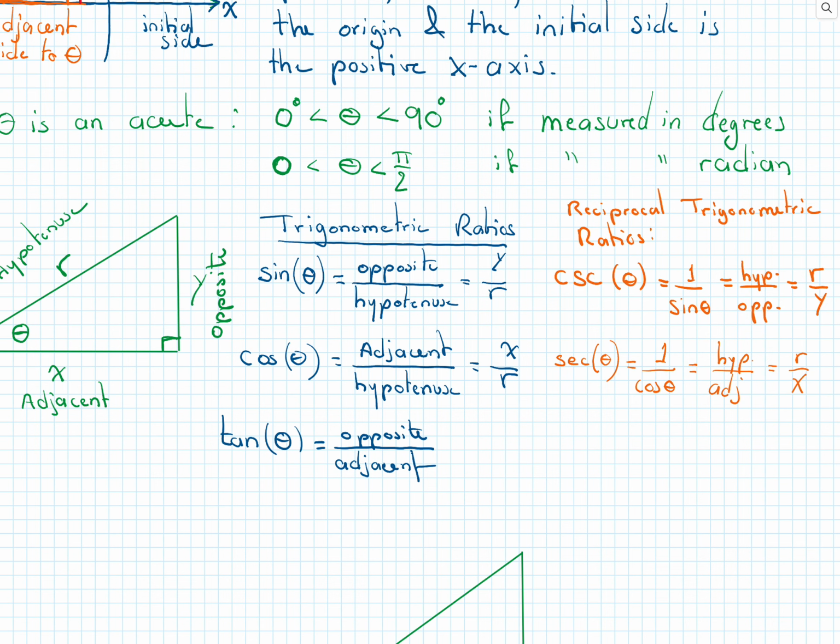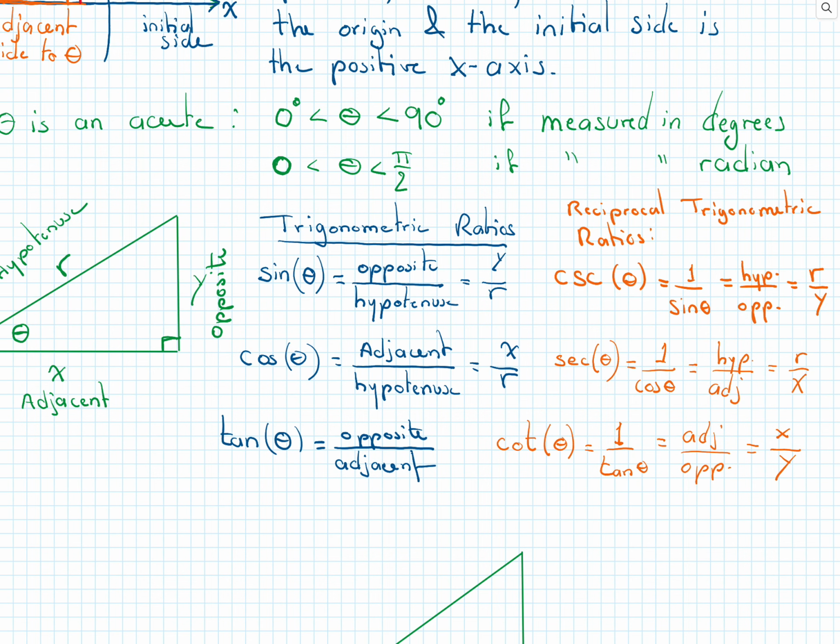And then finally the reciprocal of tangent will be the cotangent of theta, which is 1 over tangent theta, which is going to be the adjacent over the opposite, and that will be, oh, I didn't put my tangent there, did I? That will be x over y.